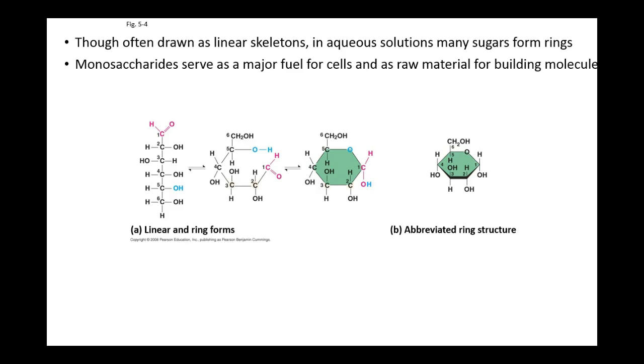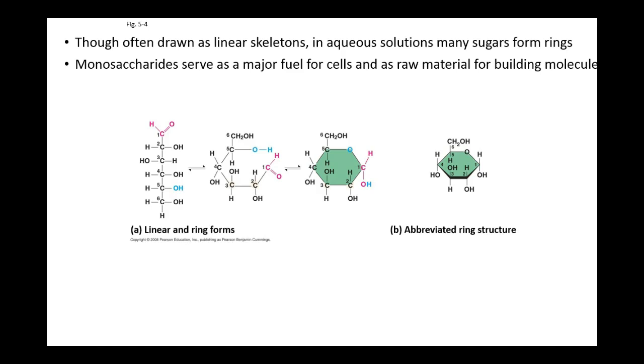There are other ways to distinguish one monosaccharide form from another. We often draw them in the linear fashion, but many of the sugars that we talk about, particularly the 6-carbon sugars and the 5-carbon sugars, form rings. And sorry, the side of that got cut off. I'll try to fix that in the future.